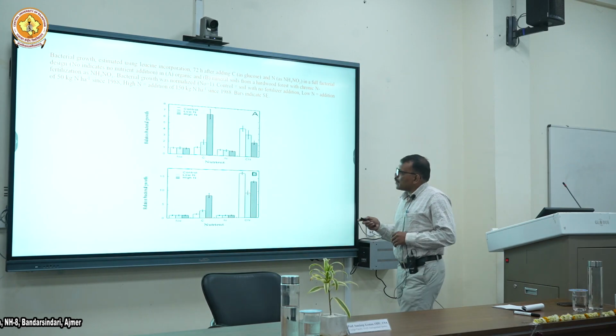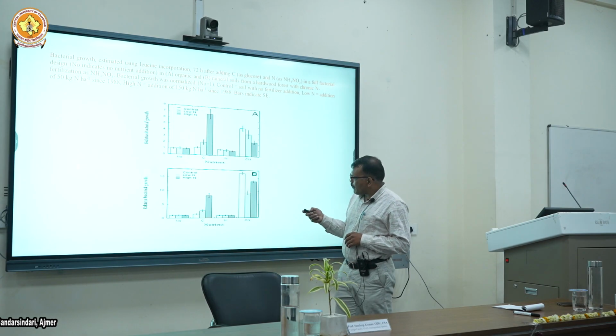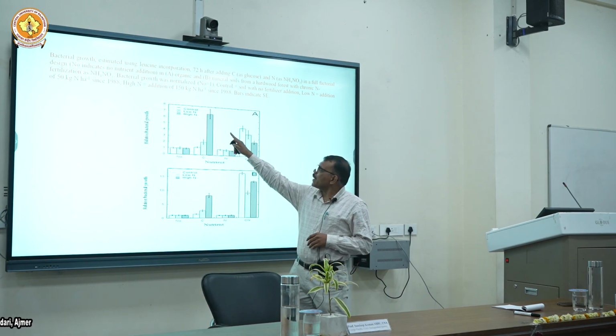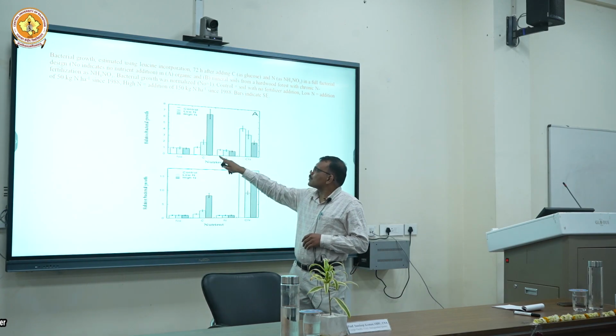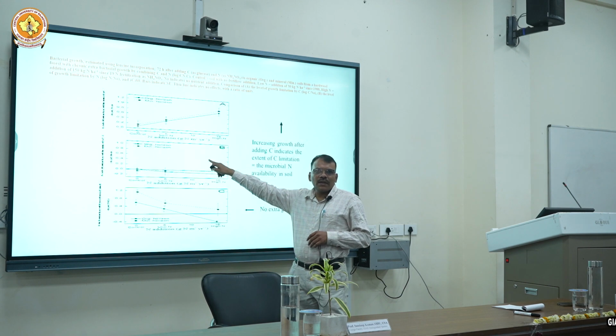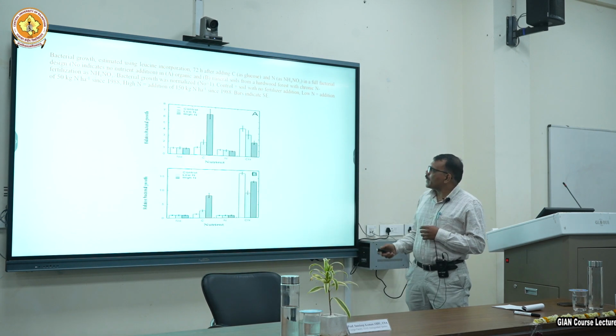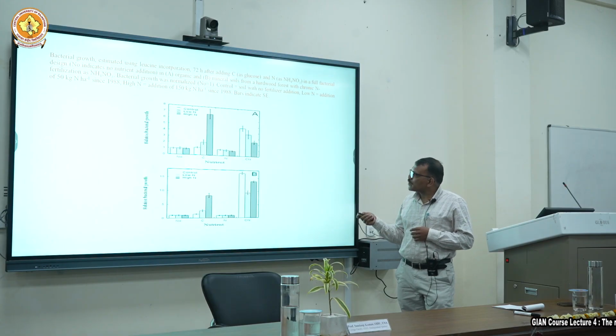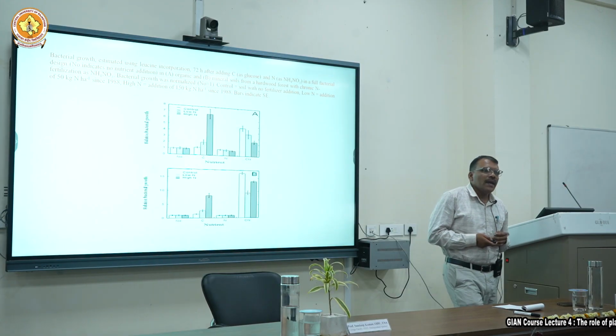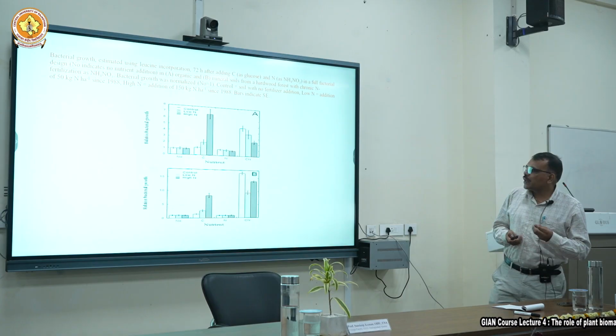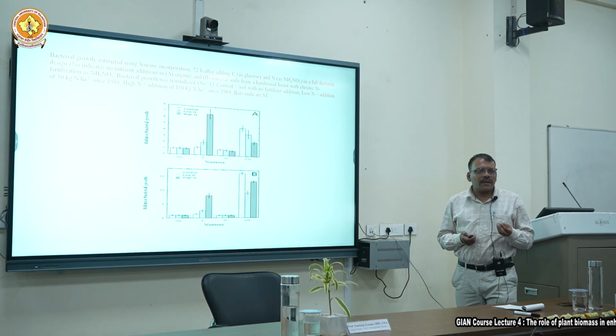Here we also take examples of high and low nitrogen soils. You can see that after addition of the carbon there was tremendous growth, and in the case of nitrogen addition there was a negative impact. That means nitrogen is creating a toxic impact on the bacteria.